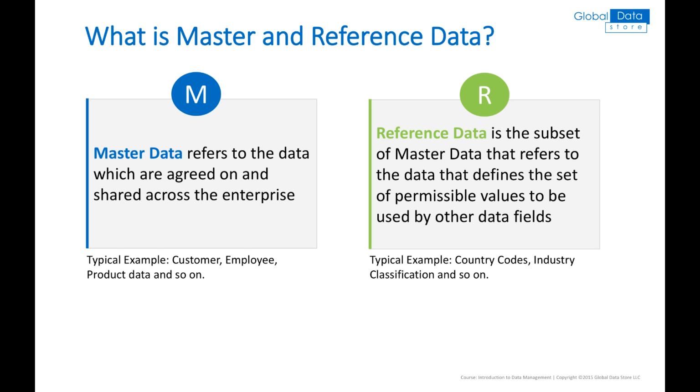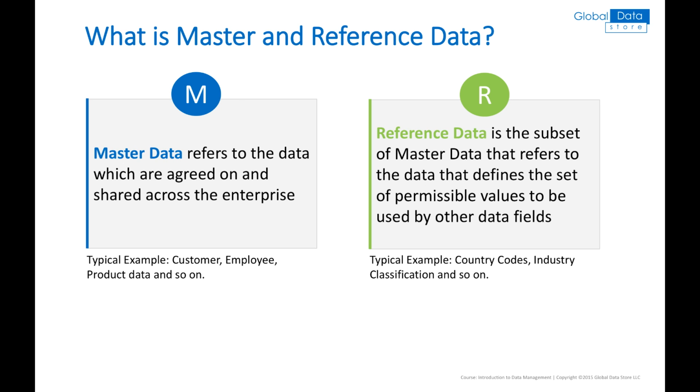Let's start with master and reference data definition. Master data refers to the data which are agreed on and shared across the enterprise. Typical example includes, but not limited to, customer, employee and product data and so on.